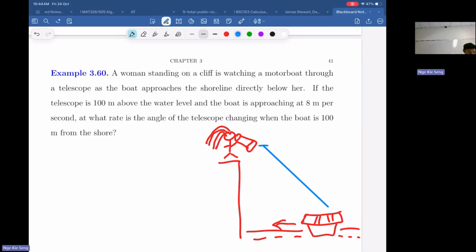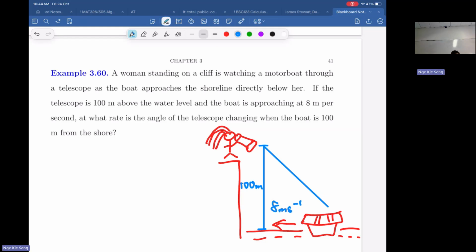If the telescope is 100 meters above the seawater, and the boat is approaching at 8 meters per second, so the direction I draw is fine, going 8 meters per second.